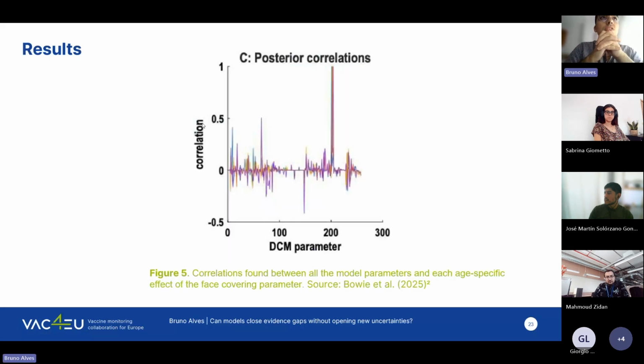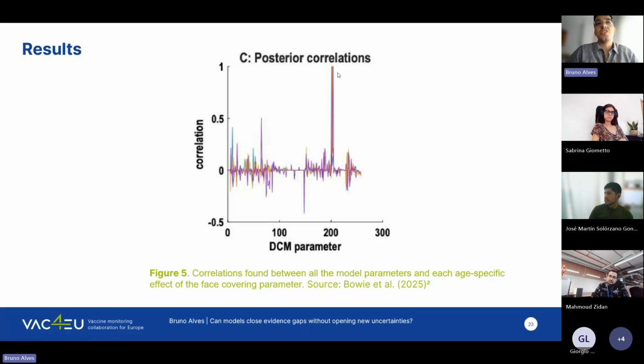The authors also did this assay for the correlations between parameters to assess if these parameters were dependent on each other or if they were independent. These lines that you see, which show the highest correlation, actually are the parameters of the use of mask.